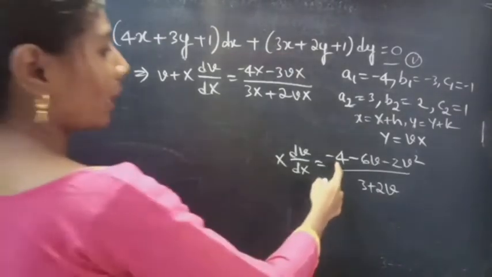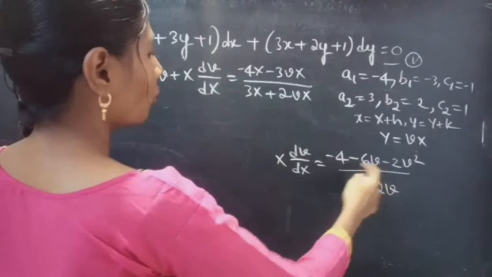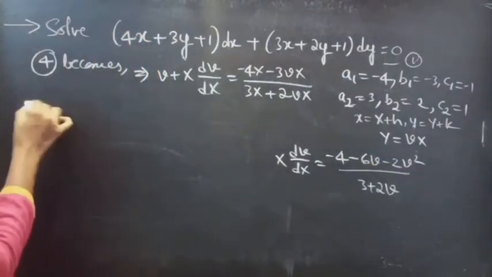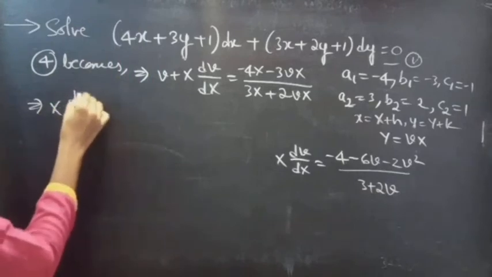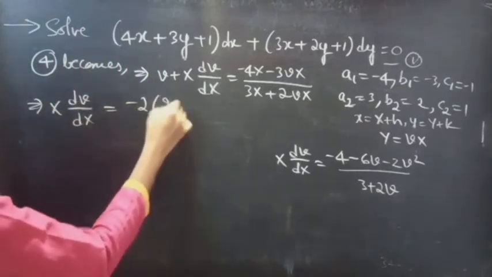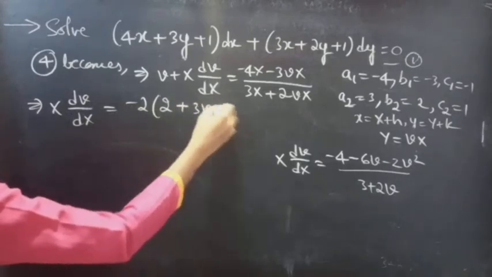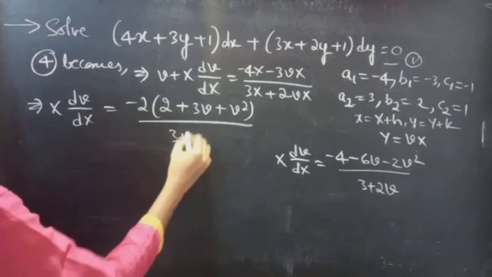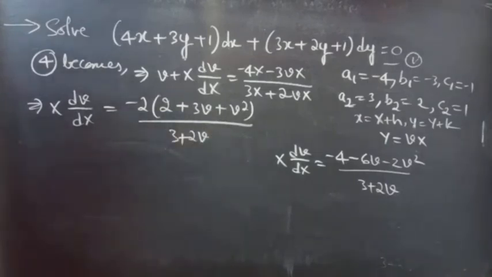Now we can take minus 2 common from all the three terms in the numerator. Then you'll get x into dv by dx equals minus 2 times 2 plus 3v plus v square by 3 plus 2v.